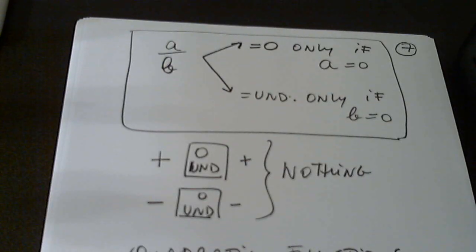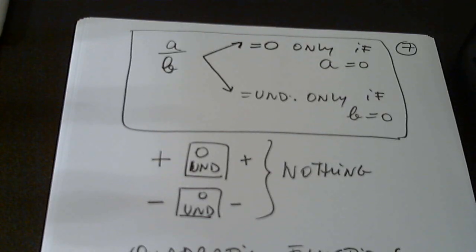Okay. Let's take a look at a word problem. Let's see what we want to look at. We want to look at the solar eclipse.